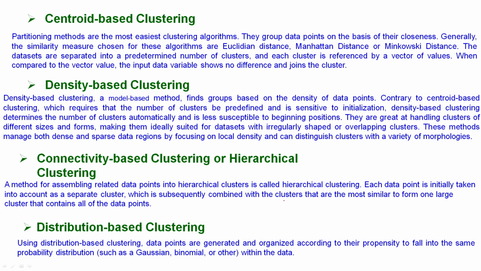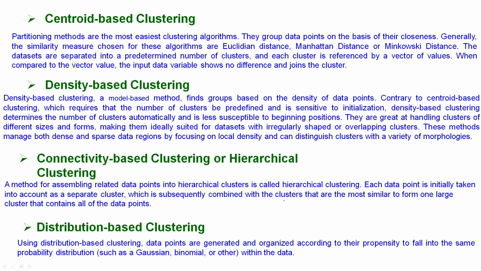Connectivity clustering is very simple, as I told you, it is basically hierarchical clustering. This method of assembling related data points into a hierarchical cluster is called hierarchical clustering. Here each point is initially considered as a cluster, and then subsequently they are combined with other clusters, so that we can form a lineage like in family trees.